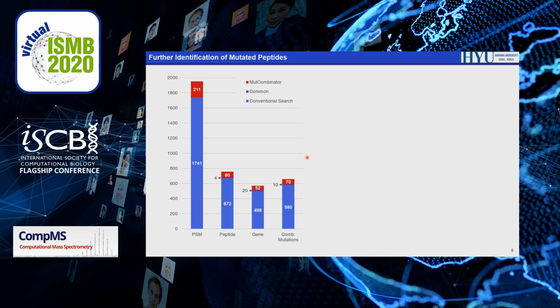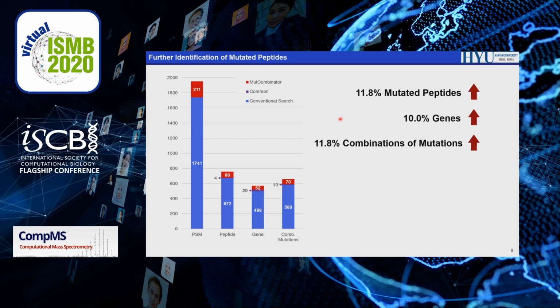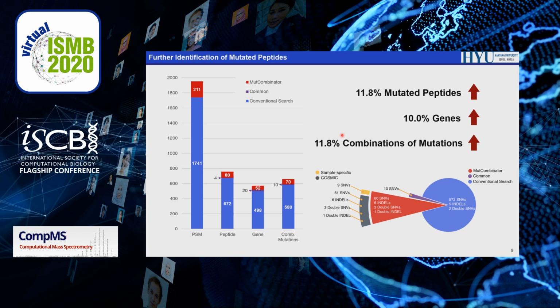This amounts to 10 to 11% increased coverages in terms of mutated peptides, genes, and combinations of mutations when compared with the previous result. As for combinations of mutations, 61 among 70 combinations of mutations were derived from COSMIC mutations.